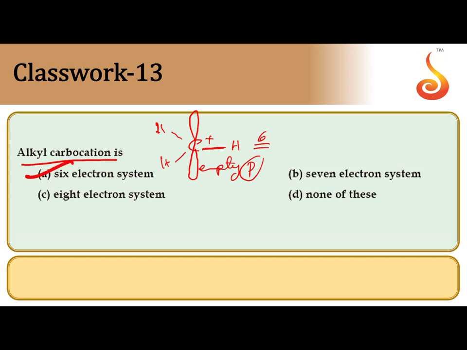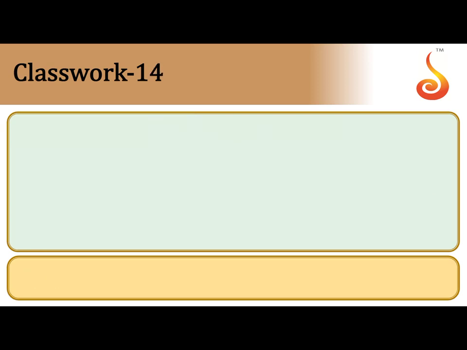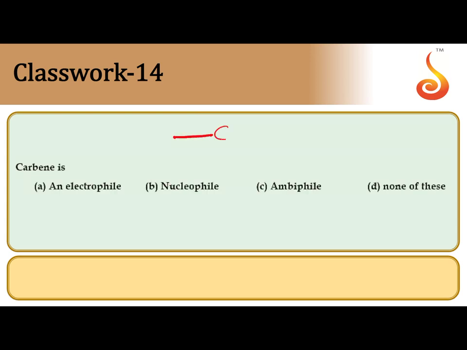So this is a 6 electron system. Carbene is one which forms 2 bonds with 2 unshared electrons. Carbene with 2 covalent bonds and 2 unshared electrons is called carbene.